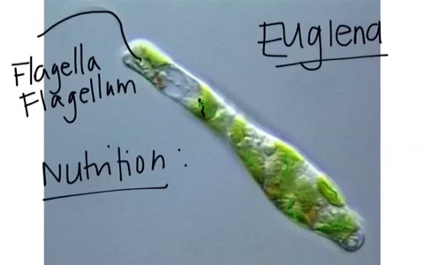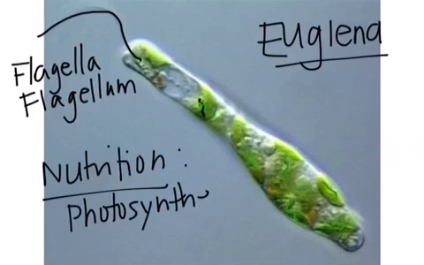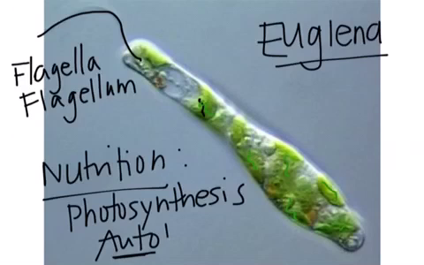Okay, nutrition, unlike the amoeba and the paramecium, which are heterotrophs, this little guy here is an autotroph, meaning it makes its own food with these chloroplasts and the sun. So euglena, again, a very common protist that you will hear about.